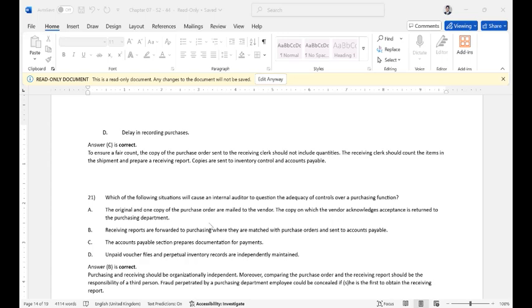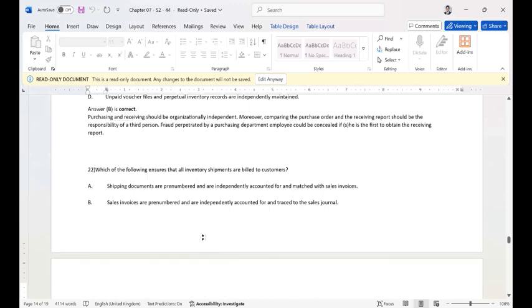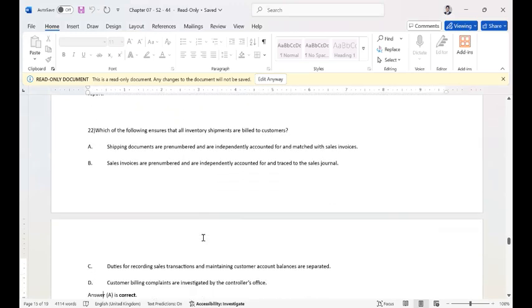Where they are matched with the purchase orders? No, no, purchasing. I don't think the purchasing department ever gets to see the receiving reports. The PO and receiving report cross check is not done by purchasing anyway, so on account of that you can knock it off. You don't go back to purchasing generally.